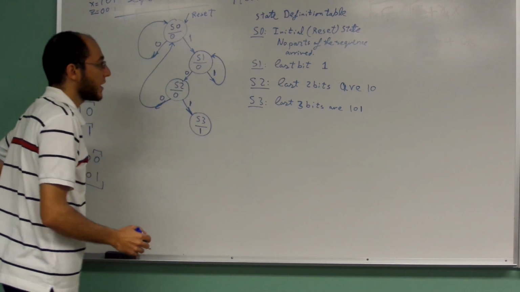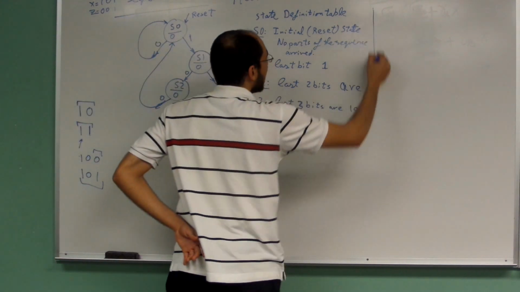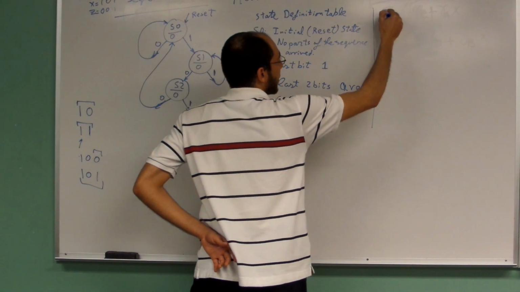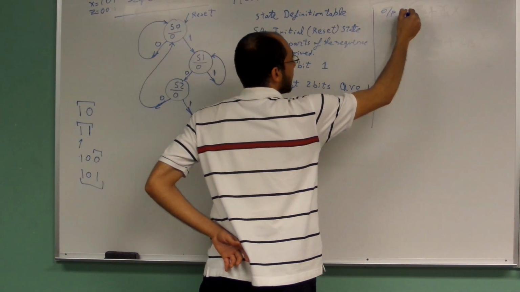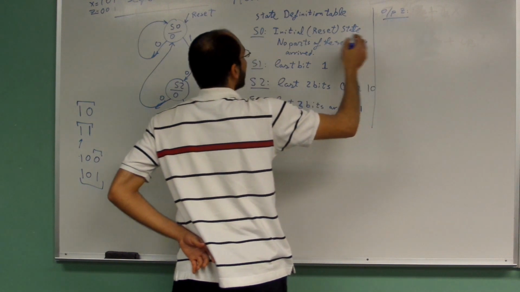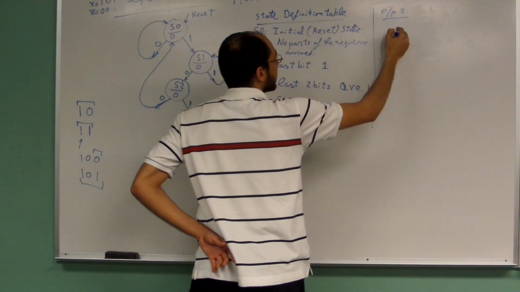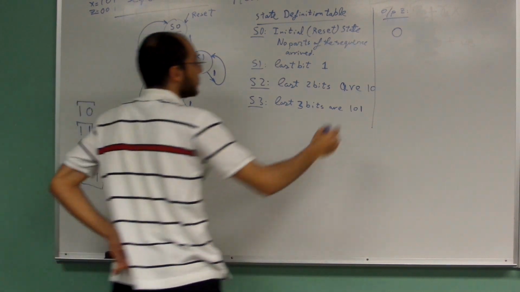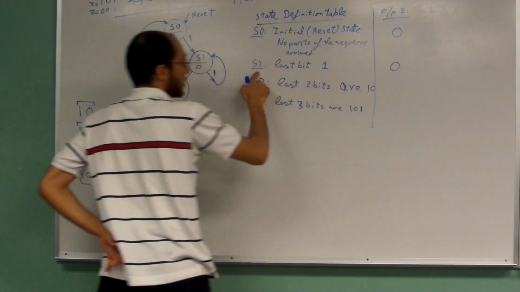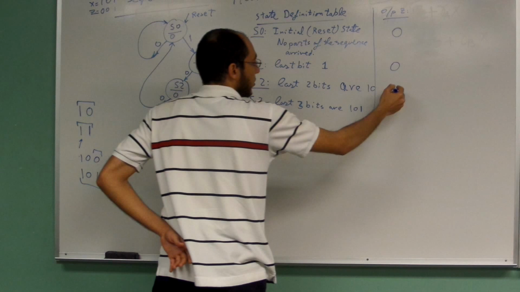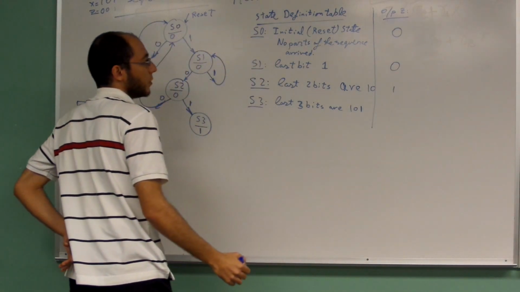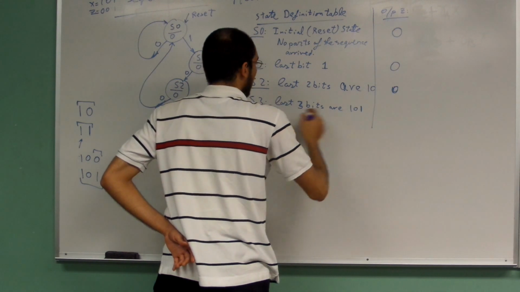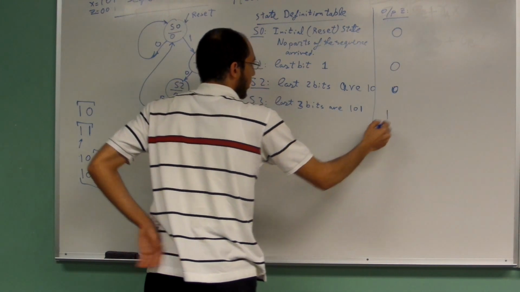So, that's why the output Z associated with S0 is going to be 0, and then 0 associated with S1, and then a 0 associated with S2, and then 1.